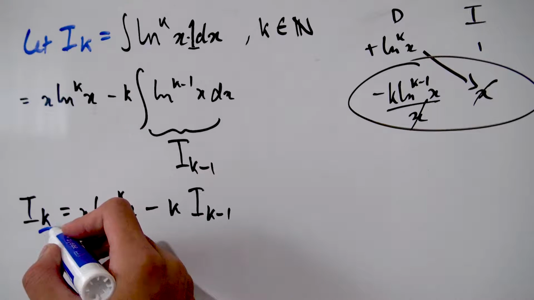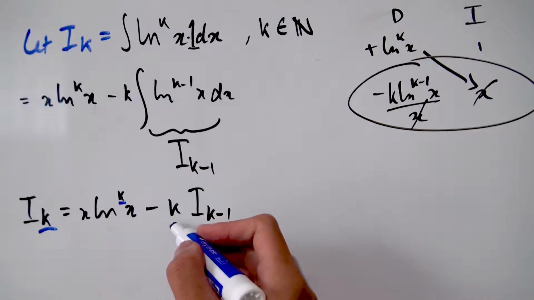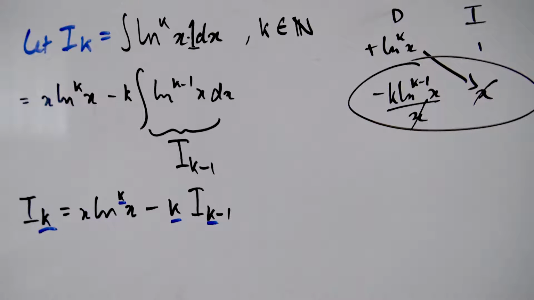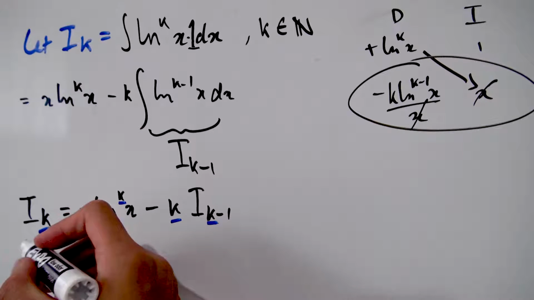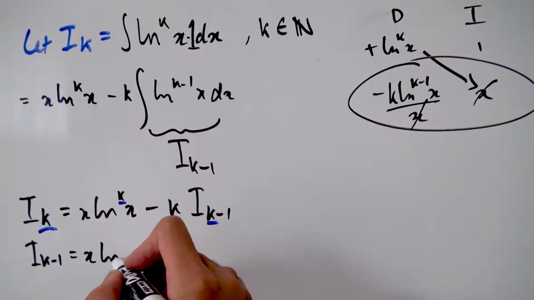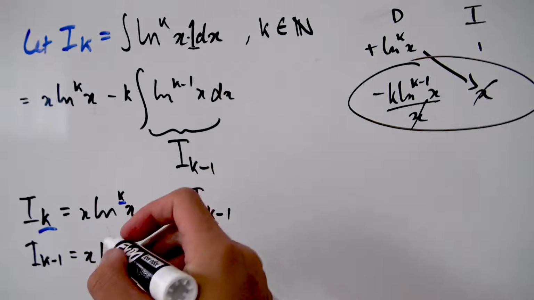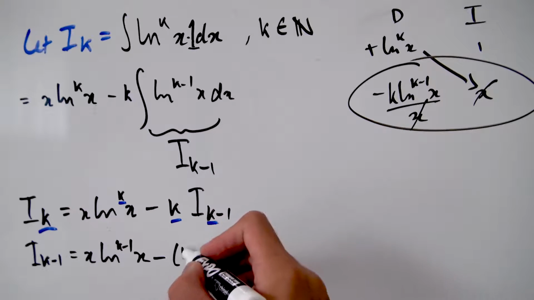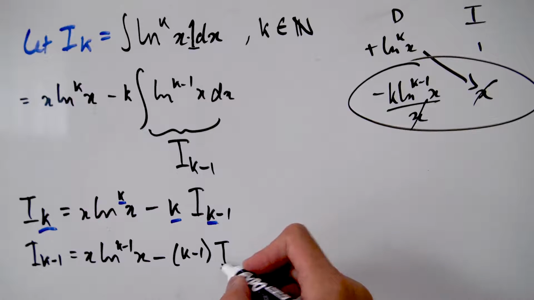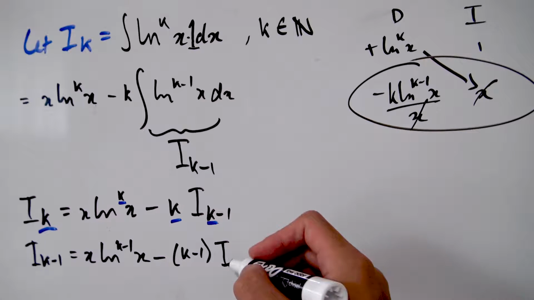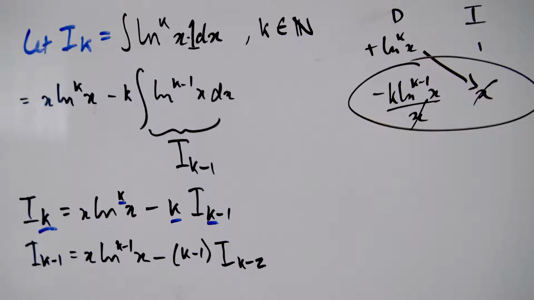And notice something important here. This subscript k appears here, here, and here it turns into k minus 1. So let's find an expression for this I sub k minus 1. Well, I sub k minus 1 will be equal to x natural log, and now instead of the kth power we have the k minus 1 power of x, minus k minus 1 times I, and this subscript will reduce by 1, so k minus 1 is nothing but k minus 2.